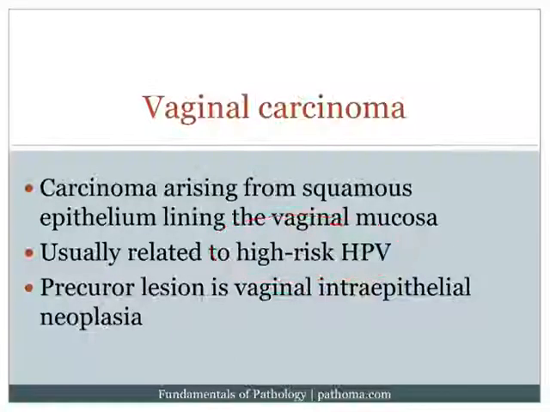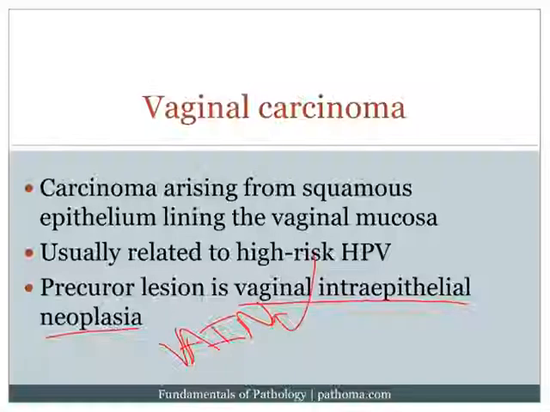And the precursor lesion for this is dysplasia, which again is called a vaginal intraepithelial neoplasia, also called the VAIN, and that again is the dysplastic precursor from high-risk HPV, which eventually becomes vaginal carcinoma.